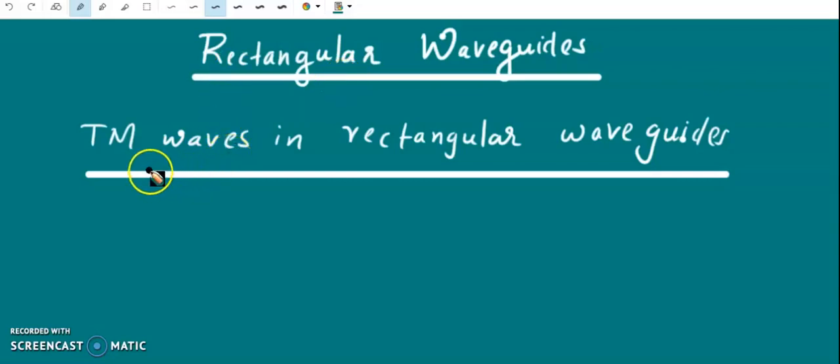We have seen that for TM waves, the magnetic field is transverse to the direction of propagation, so Hz, the longitudinal component of magnetic field, is 0, and Ez is not equal to 0.